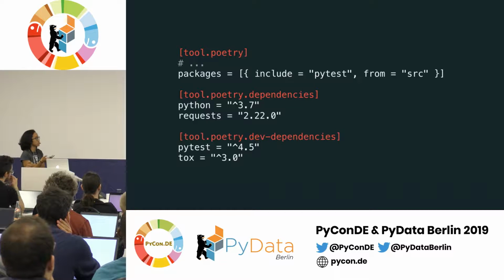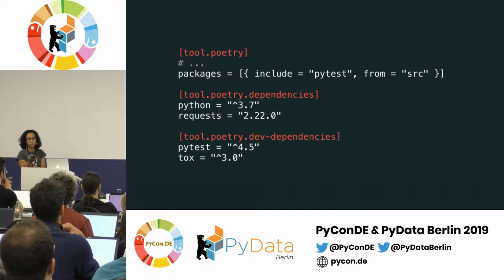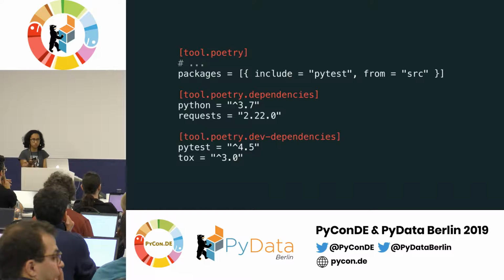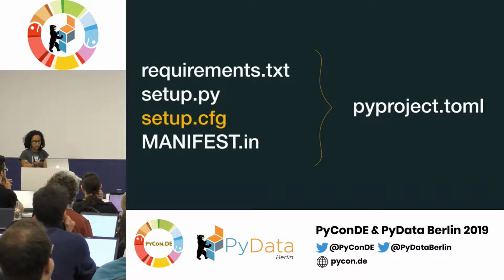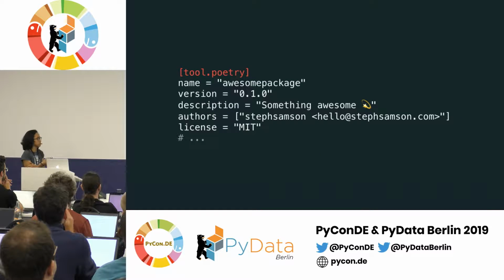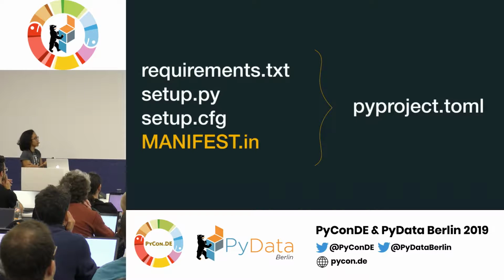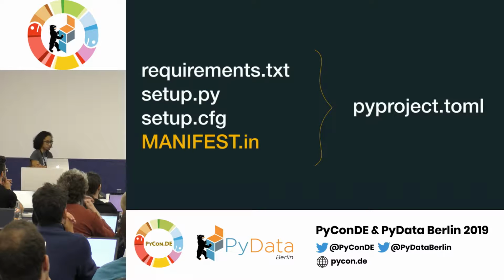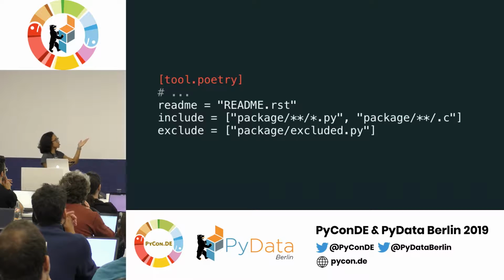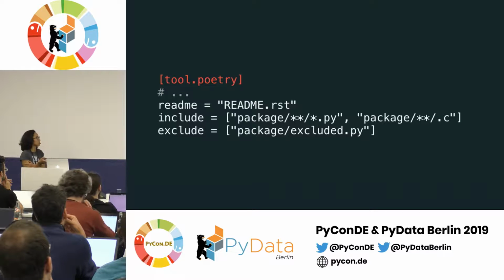You can also specify where the packages live, and which packages you want to include in your build distribution. And for setup.cfg, if you just put metadata in it, you add the metadata under the tool.poetry namespace. And for the MANIFEST.in file, any includes look like this. And also, README is pretty straightforward.